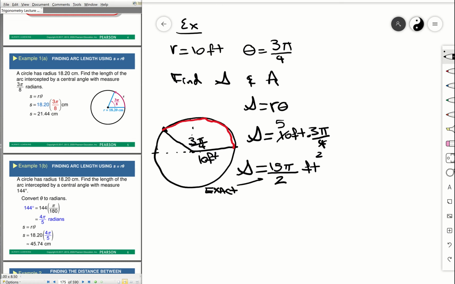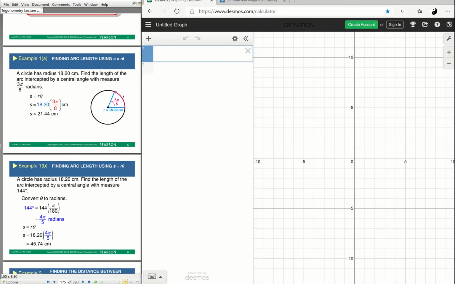While that's beautiful from a mathematical point of view, from a practical point of view, in most applications, you would want to get some approximate value for that. So if we go ahead and calculate that, 15 pi over 2, we'll just go to a calculator such as Desmos, and we'll type 15.